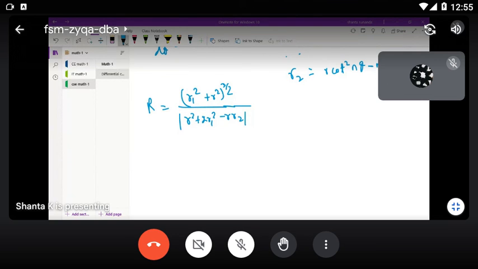So if you want, you can find individually. And what is the answer you are getting at the end?